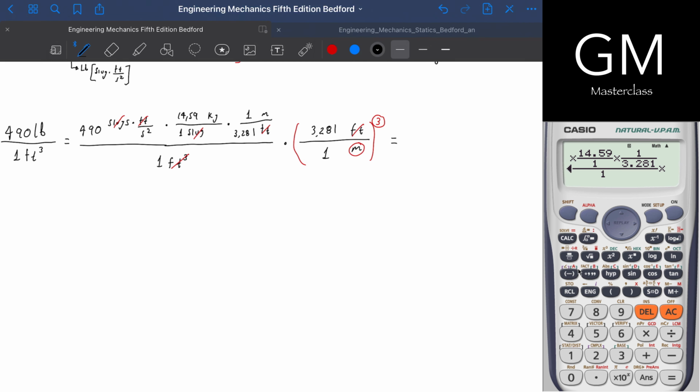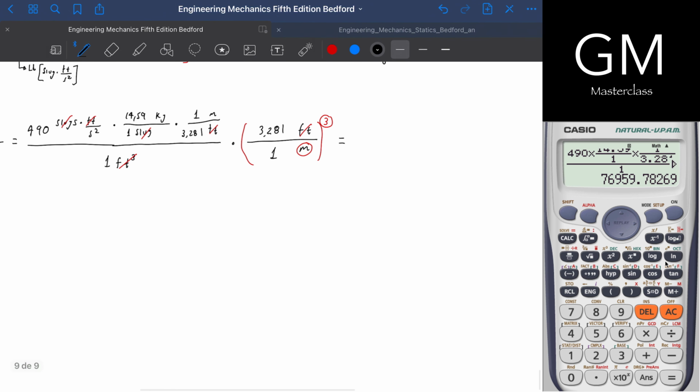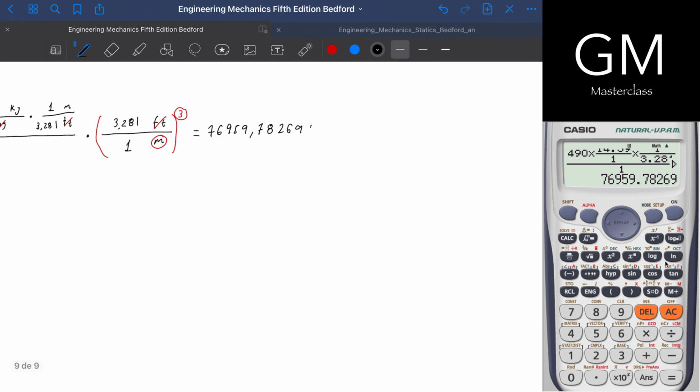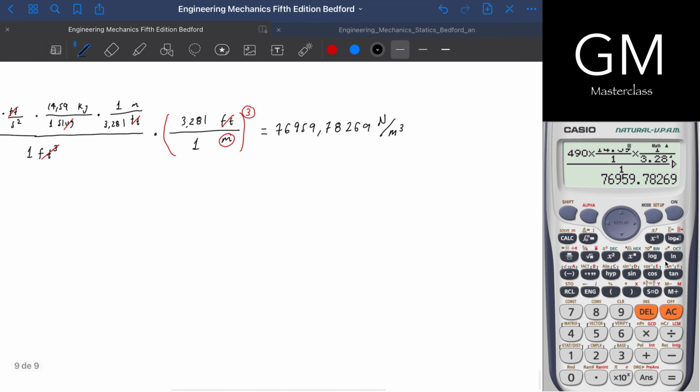Then I multiply this by, open parentheses, 3.281 divided by 1 to the 3rd power, and the final result is 76,959.7826.9 newtons per square meters to the 3rd power.